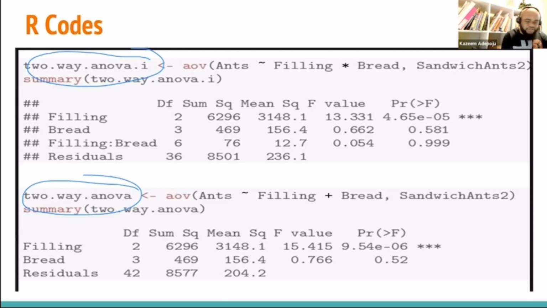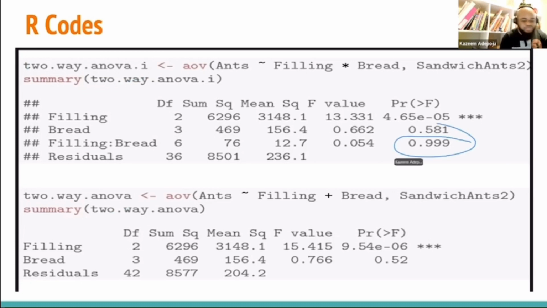The first one talks about the interaction; the second one is without interaction. When I consider the model with interaction, take a look at the p-value associated with the interaction: it is not significant. Maybe that was the reason why we focused on the one without interaction.